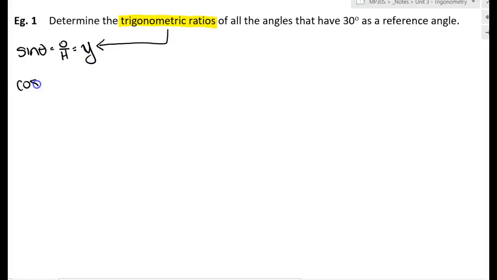We've got cosine theta, which is adjacent over hypotenuse, which we've now said for our unit circle is equal to x. And then we've got tangent theta, which is equal to opposite over adjacent, which we could say is y over x, or sine theta over cosine theta.